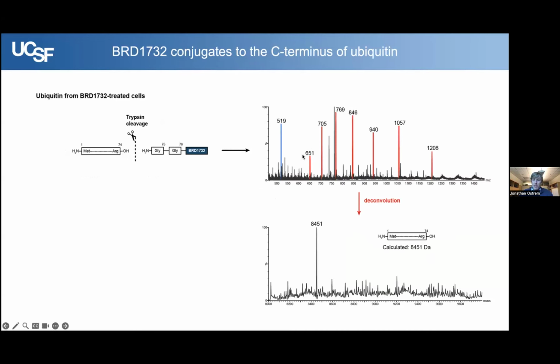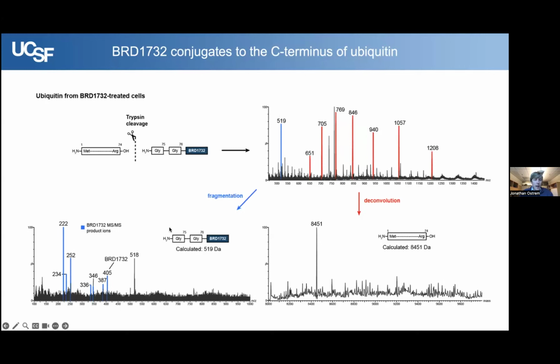And you can see here this envelope in red here that deconvolutes to the first 74 amino acids of ubiquitin. And what we saw is this new peak showing up, 519. And when we performed MS-MS fragmentation on that, first thing that came off was the molecular weight of our compound, BRD1732, as well as many of the fragmentation ions from 1732 fragmentation.